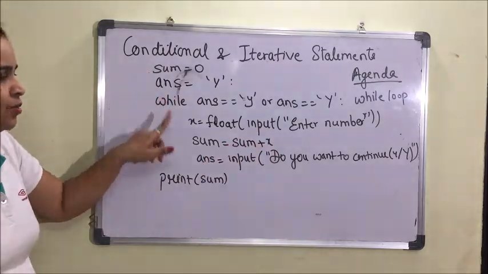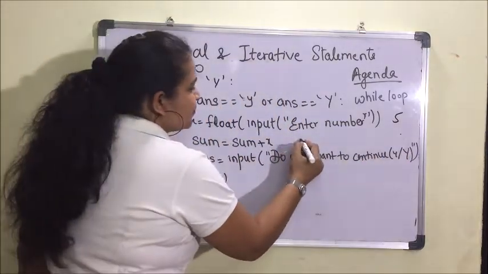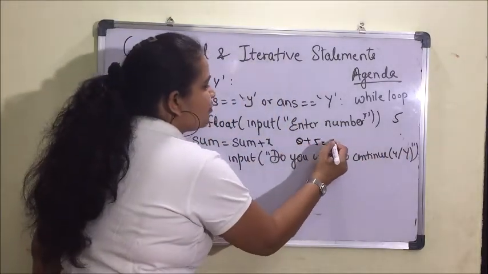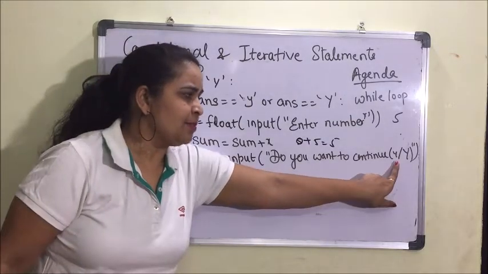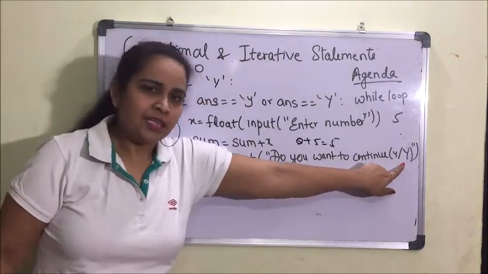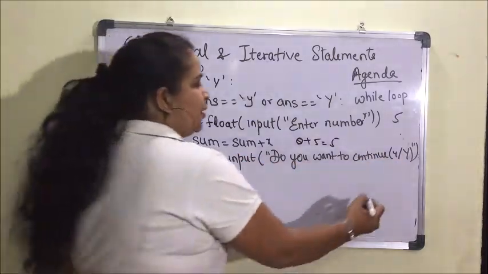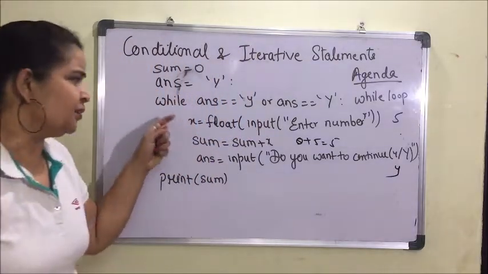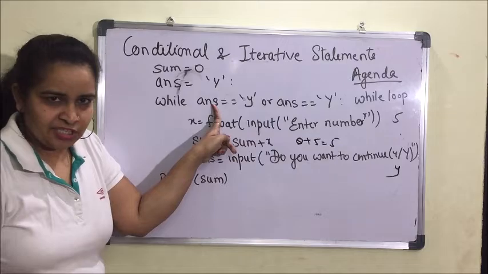Sum was initially 0. Suppose we have entered 5. So the sum will be 0 plus 5, that is 5. Then the question: do you want to continue, small y or capital Y? You can enter it if you want to add more numbers. Suppose I have entered y. Again it will come here, ans is still y, so this condition is true.